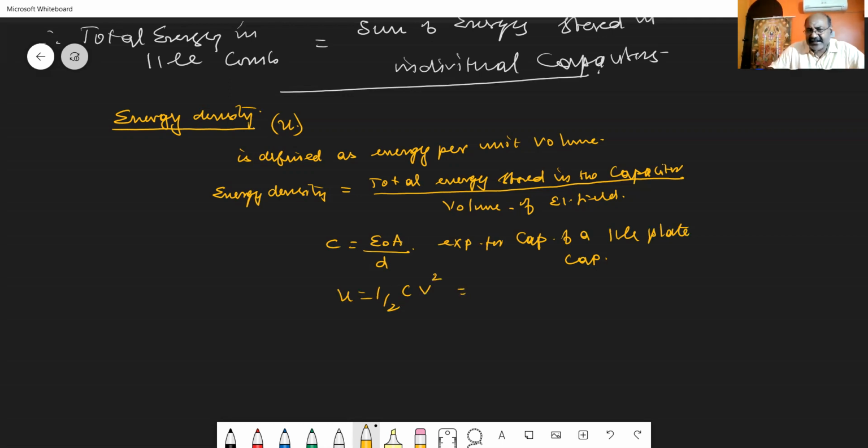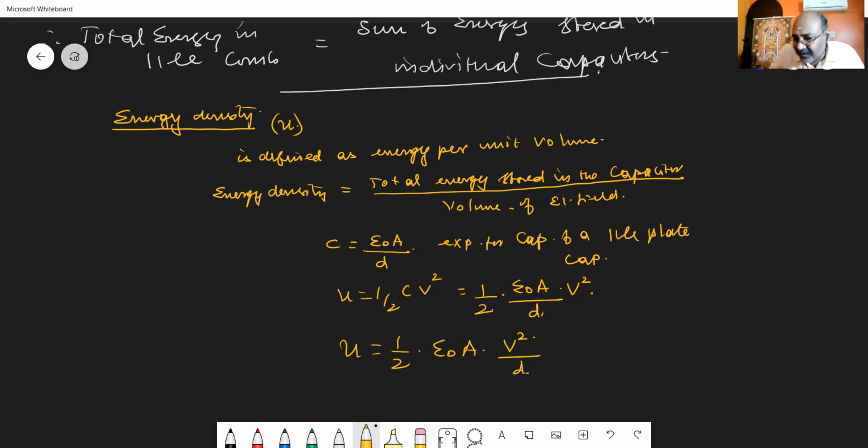Instead of C, I can write epsilon 0 A divided by D, so the energy is half into epsilon 0 into A into V square divided by D.